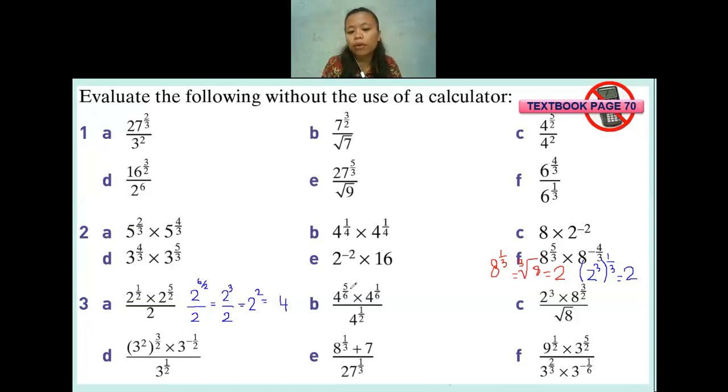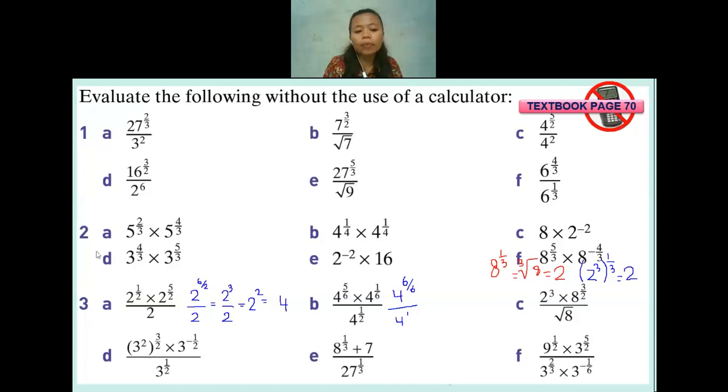For the question B, we have 4 to the power of 5/6 times 4 to the power of 1/6. Multiplication, we can simplify the power by adding them. 5/6 plus 1/6 will be 6/6. And then 4 to the power of a half, I keep it as 4 to the power of a half. So now we have two indices with the same base, and they are having a division.